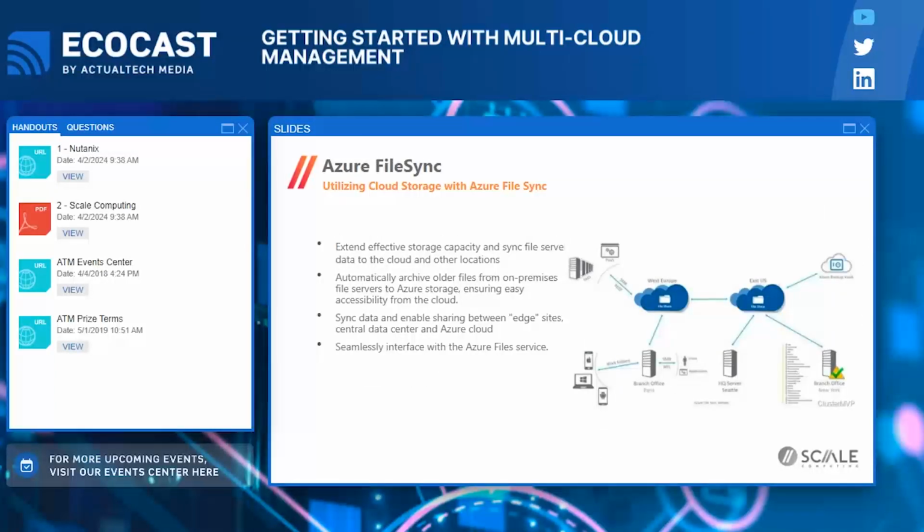Another very common design pattern, as I mentioned, is extending on-premises storage capabilities with backup, archiving, and synchronization. In the case of Azure, there's a service called Azure File Sync, which lets you basically get infinite storage capacity on-premises. It looks and acts like it's local. You can maintain an on-premises local cache for recently created or accessed data. You can also automatically archive older files or synchronize those up to Azure storage, so you have easy accessibility from the cloud.